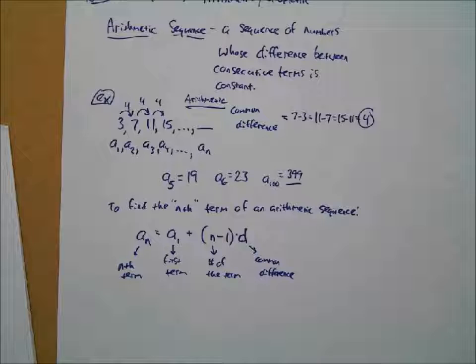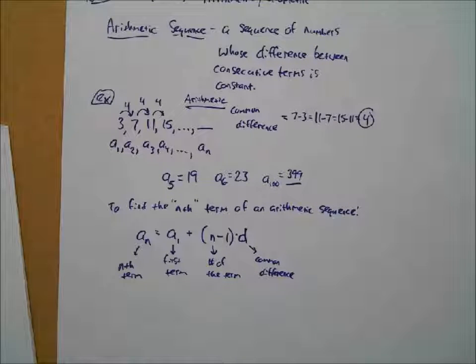Linear. It'd be a line, exactly right. And we know how to write the equation of a line given 2 points. So really, it's not necessary for us to use this formula. You could also just write the equation of a line, where x is the number of the term and y is the term's value, and then just go from there. You can just use the equation of a line because it's linear.